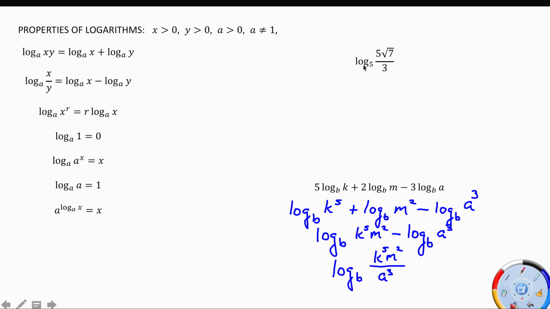In other words, I know this is going to be log with base 5 of 5 plus log with base 5 of square root of 7 because they're in the numerator, and then minus log with base 5 of 3. So after a couple of these, we can probably do them in one step. And I want to be really good before the next lesson at expanding and particularly condensing these logarithms.